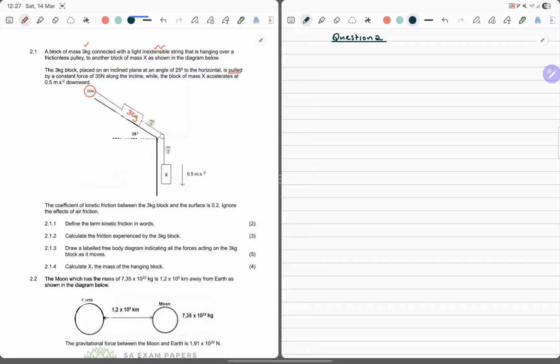It is being pulled, right? The block of mass x accelerates at 0.5 meters per second squared downward. So this means this force is not able to pull the system in that direction.